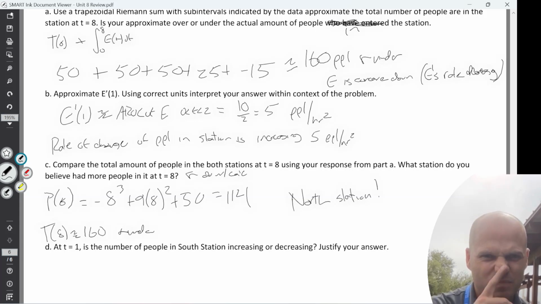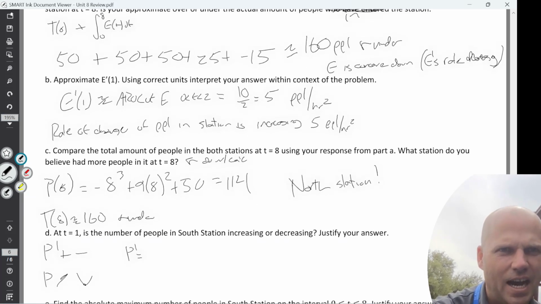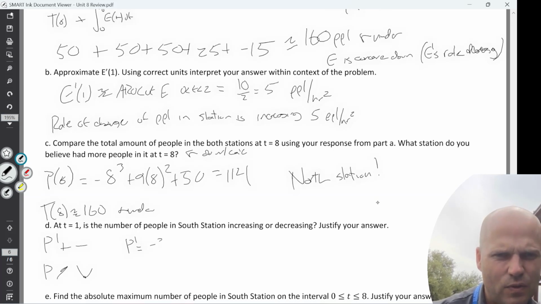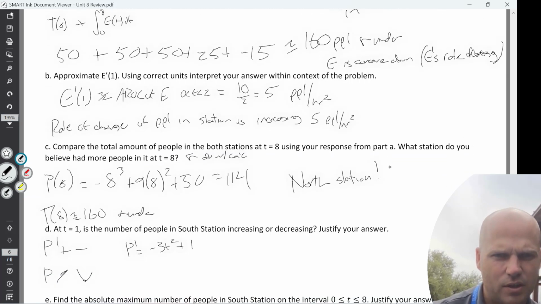And more people. Is the number of people in South Station increasing or decreasing? Well, I need to look at the derivative being positive or negative. P prime is something I can find. P prime is negative 3t squared plus 18t plus 0.